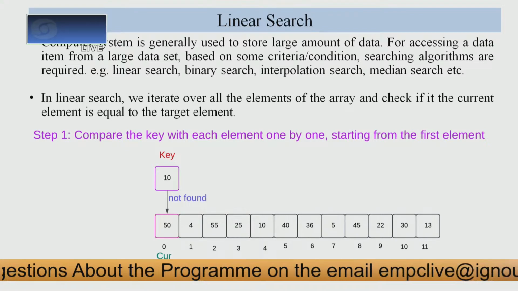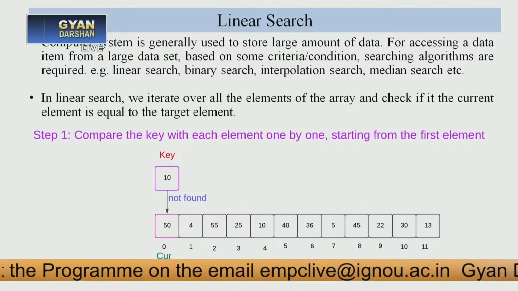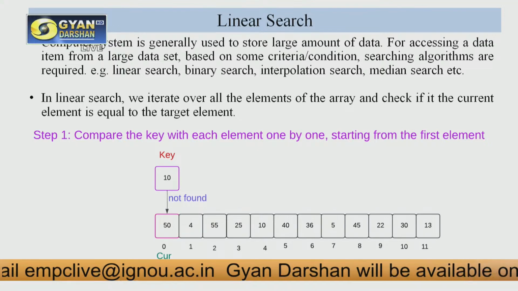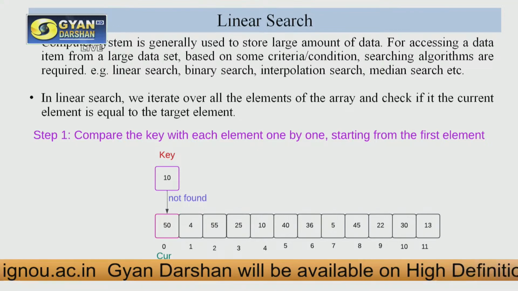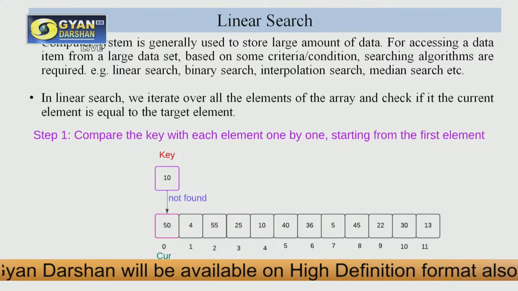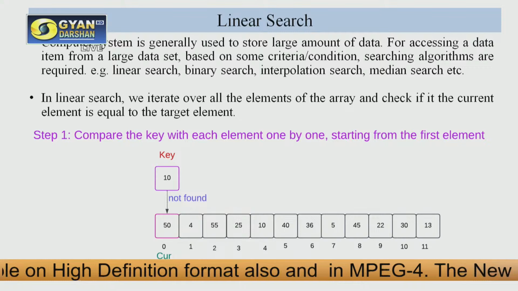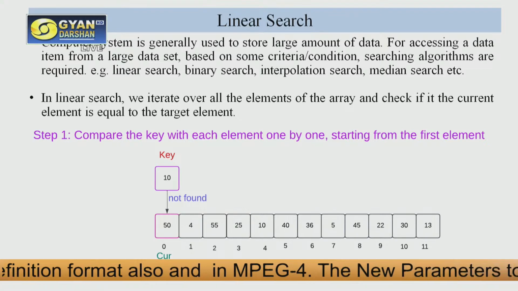Our target is to search a particular key, whether it is present or not, and if it is present, at which location. In this, let me try to search for the element 10.